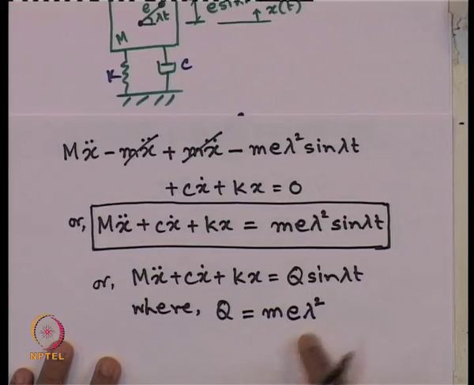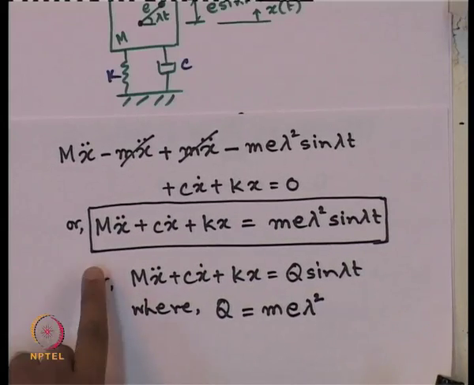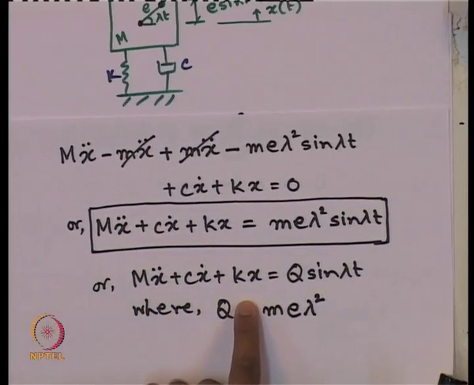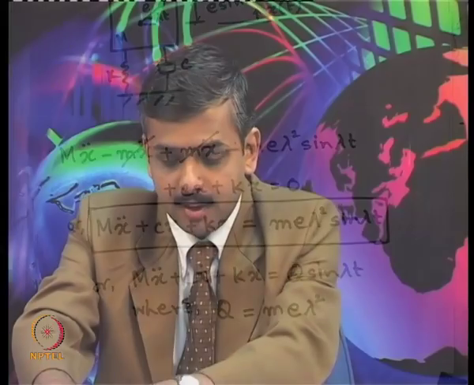So, m e lambda square gives us the magnitude of this q. The solution for this is already known to us, no need to go through it again, because we know the final solution for a single degree of freedom system subjected to a harmonic load. Let us use that, and we are interested in the steady state displacement as we have already talked about.